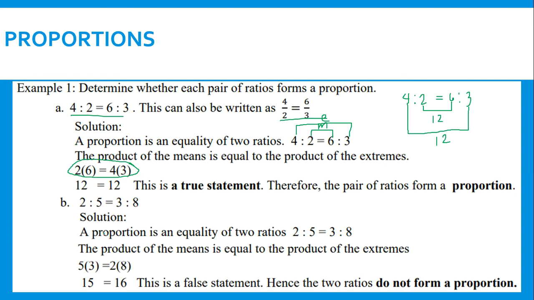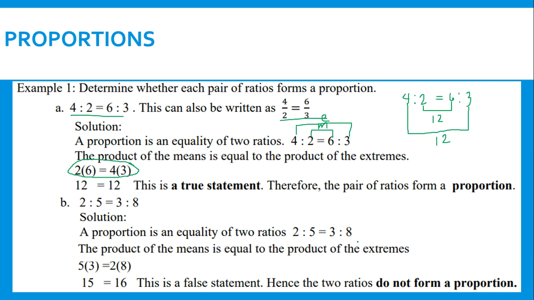Okay? Next, let's have the letter B. 2 is to 5 equals 3 is to 8. Or if you're going to read this one in a proper way, that is 2 is to 5 as 3 is to 8. Does this pair of ratios form a proportion? So let's find out. A proportion is an equality of two ratios.